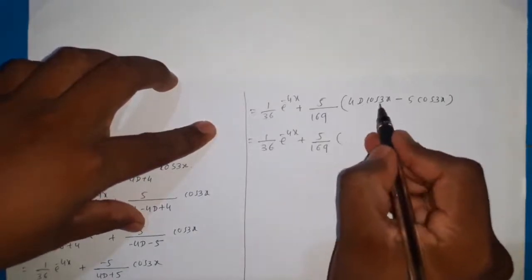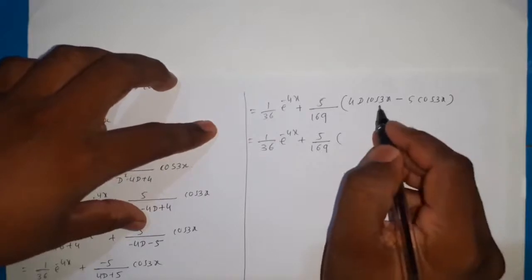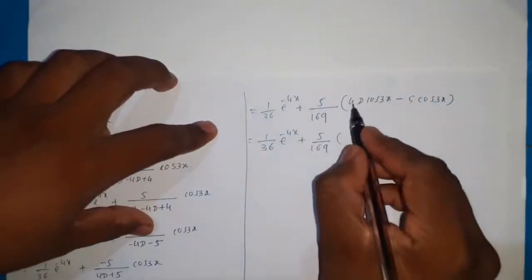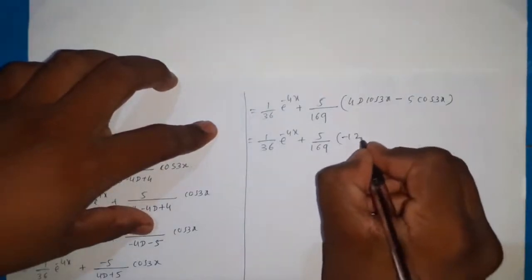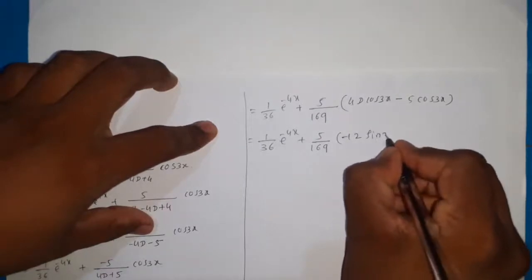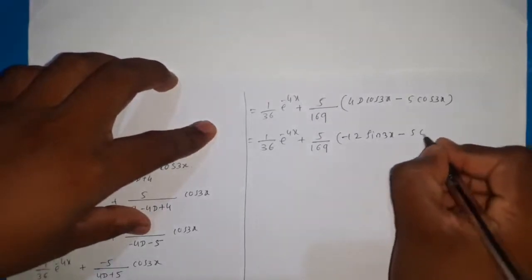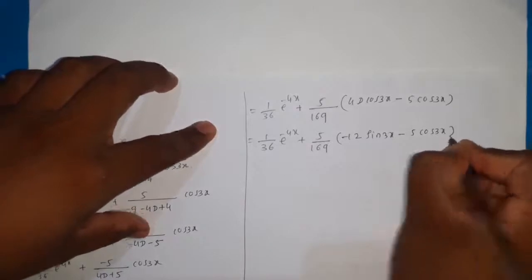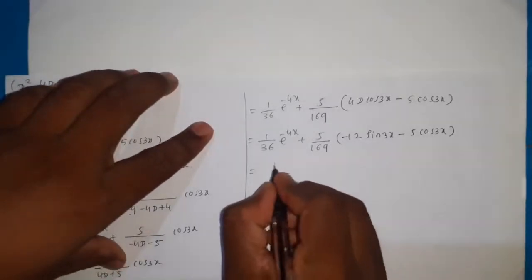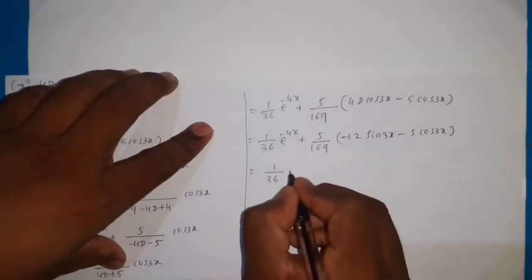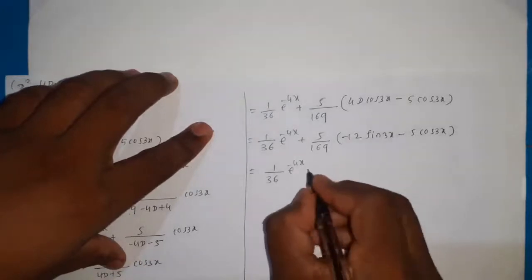Here differentiation of cos 3x is minus 3 sin 3x, so already 4 is there, that becomes minus 12 sin 3x minus 5 cos 3x. So on simplifying, this becomes 1 divided by 36 e power minus 4x.